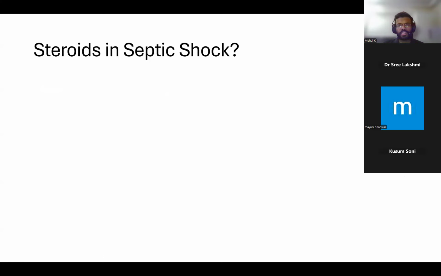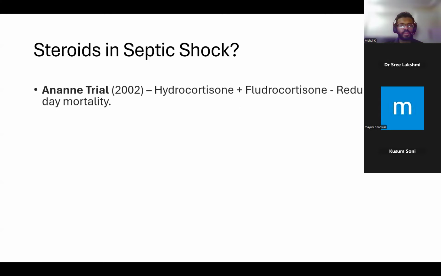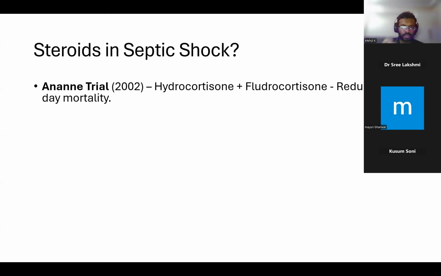So what about steroids in septic shock? This is a very controversial topic, and it's difficult to give clear answers here. But I'll give a review of the evidence we have so far. We have the Annane trial in 2002, where a combination of hydrocortisone and fludrocortisone was given, and it reduced 28-day mortality.